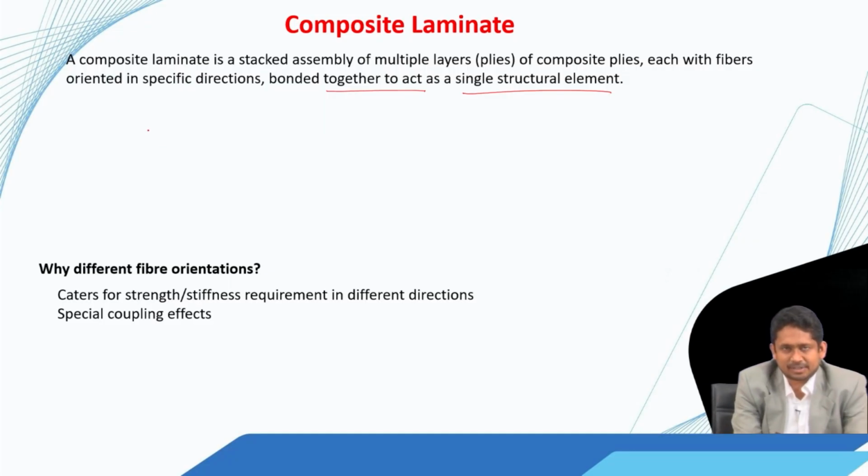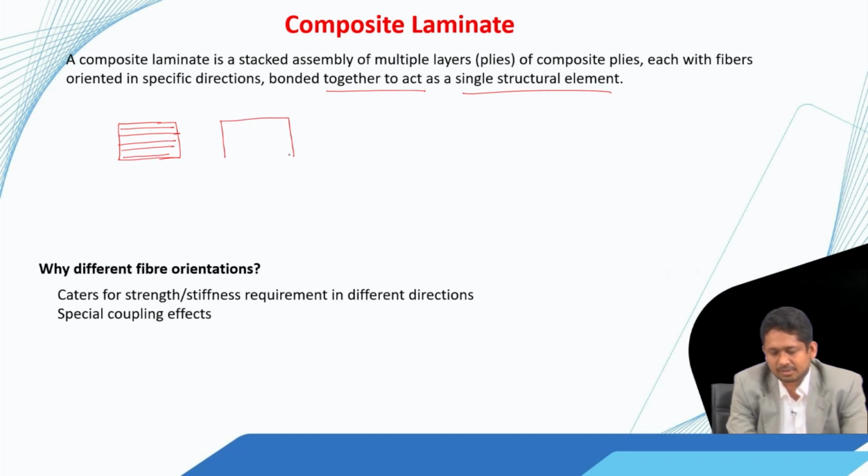Now, let us assume that we have a few plies. So, maybe this is ply number 1 and that has a certain direction of fiber orientation. Ply number 2 has another fiber orientation direction, and let us say we have another ply with again another fiber orientation direction.